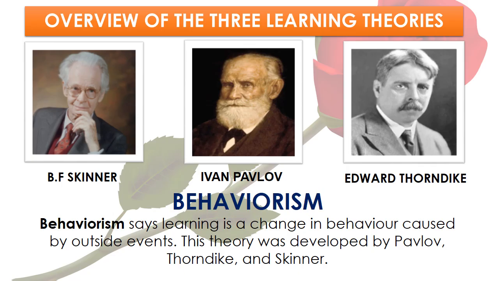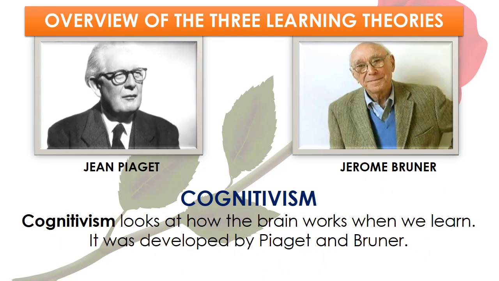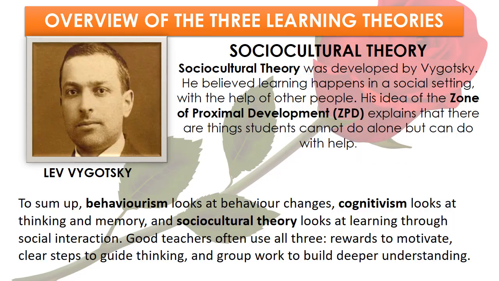Two. Overview of the theories. Behaviorism says learning is a change in behavior caused by outside events. This theory was developed by Pavlov, Thorndike, and Skinner. Cognitivism looks at how the mind works when we learn. It was developed by Piaget. Socio-cultural theory was developed by Vygotsky.